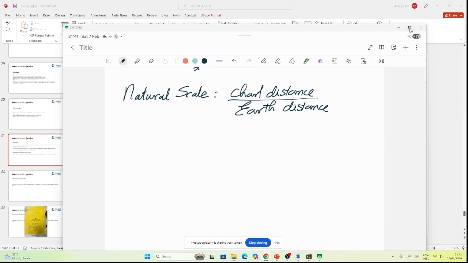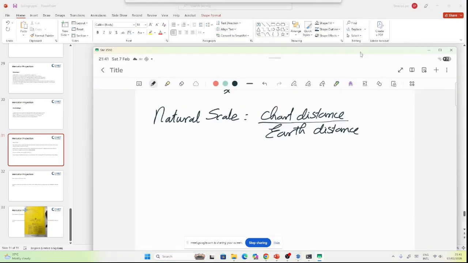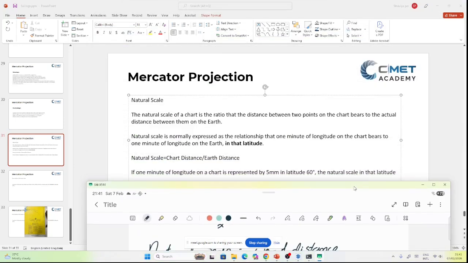Alright, okay. Now, what is the question? If 1 minute of longitude on a chart is represented by 5 millimeter in latitude 60, what is the natural scale in that latitude?